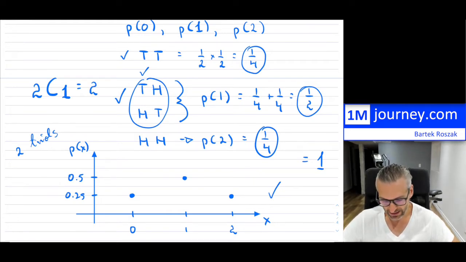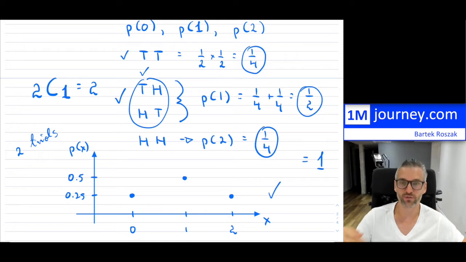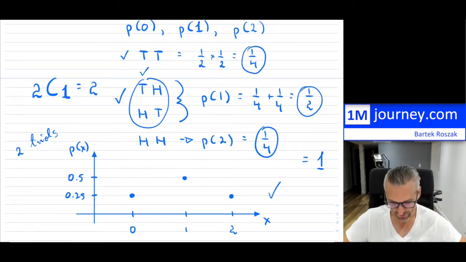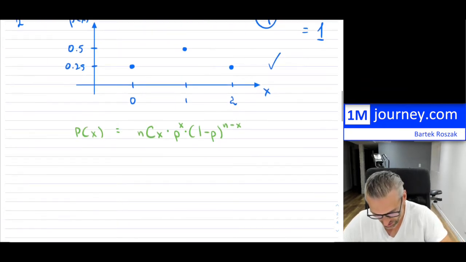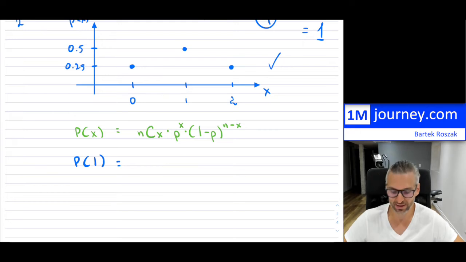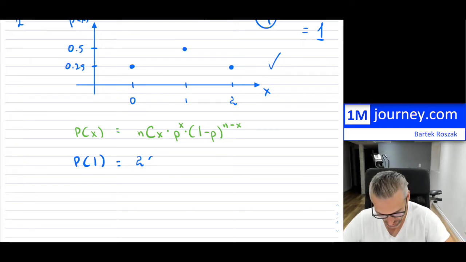Now if you want to know what the probability is, the probability of success is 0.5, and the probability of failure is also 0.5. If you really wanted to get this 1/2, you can use it in exactly the same way. So notice, the probability of having 1 success: this is 2 choose 1, which is coming from here.